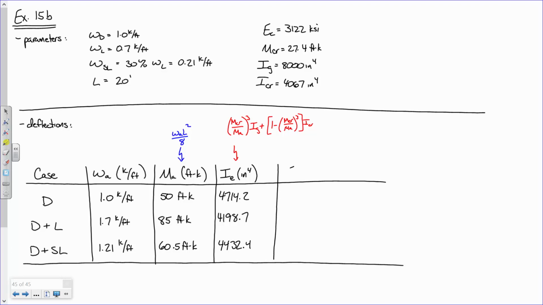So if you've got that, you can compute your deflection in inches. And how do you get that deflection? Well, you take 5WL to the fourth over 384 EI. But then don't forget your conversion factor.